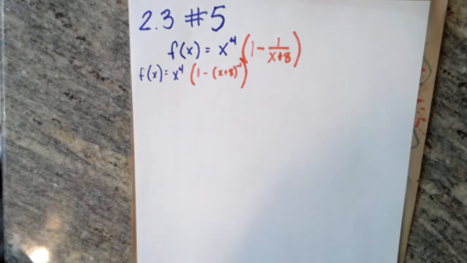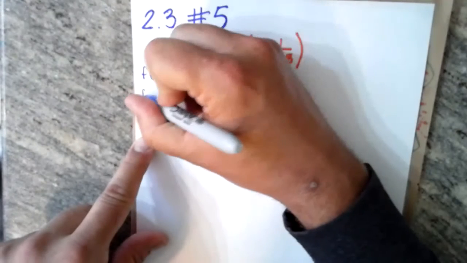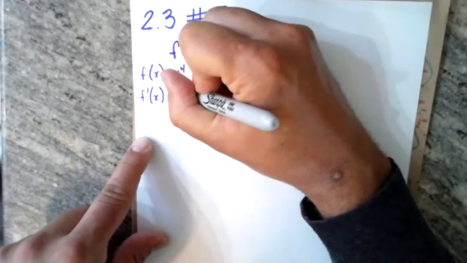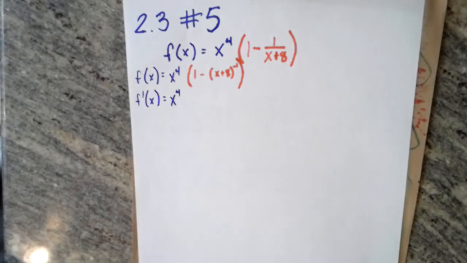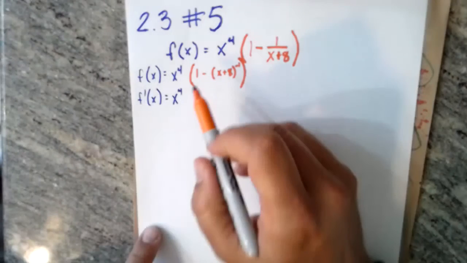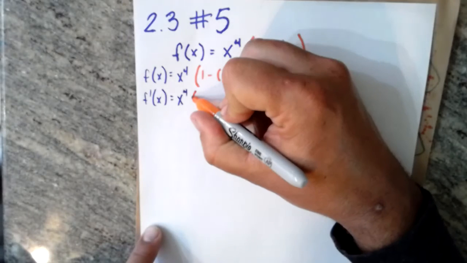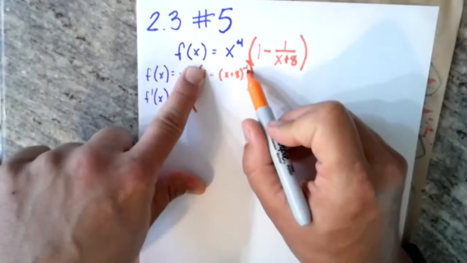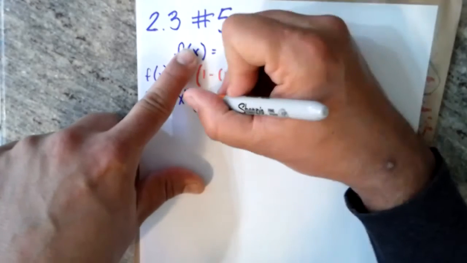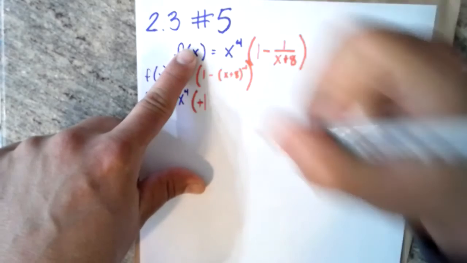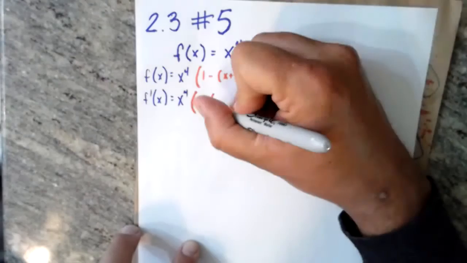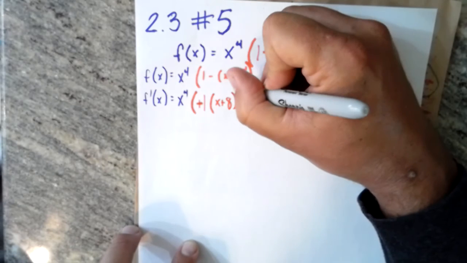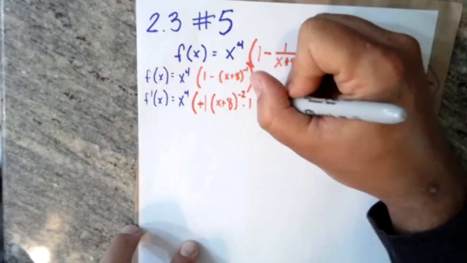All right, so now we're going to take the derivative. It's first times the derivative of the second. What's the derivative of 1? The derivative of 1 is 0. So what's the derivative of this? Well, it's negative 1 times the negative, so that's a negative times a negative, a positive 1, times (x plus 8) to the negative second times the derivative of what's inside.